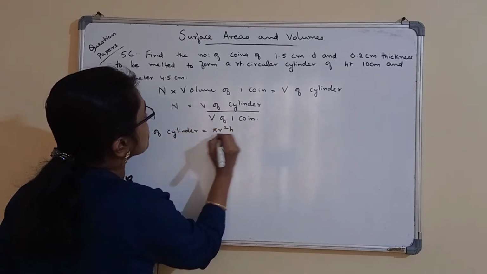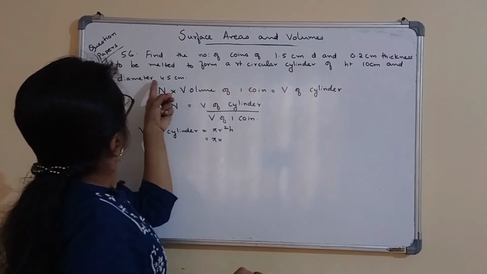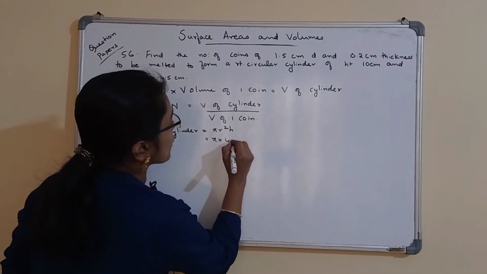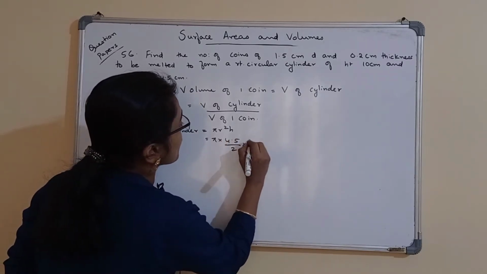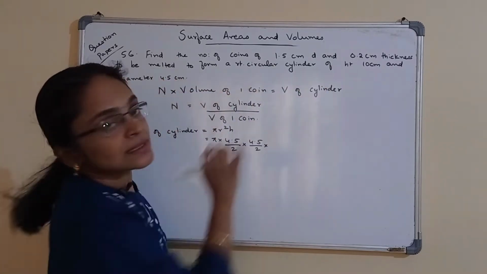which is equal to pi into r square, that is 4.5 by 2 into 4.5 by 2, into height 10 centimeter.